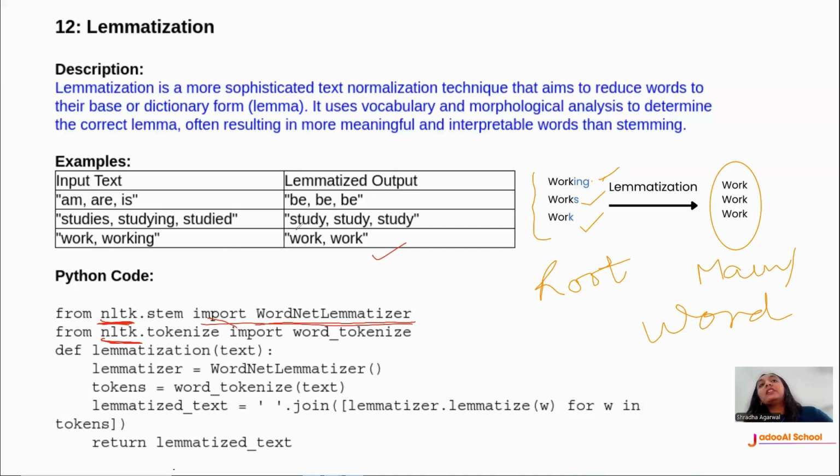And lemmatization converts it into the root form, a root word. Now, the library that we are constantly using is NLTK, and we are just importing something called WordNet Lemmatizer that will convert this text to this one. That was the main takeaway from this slide, right? Okay.